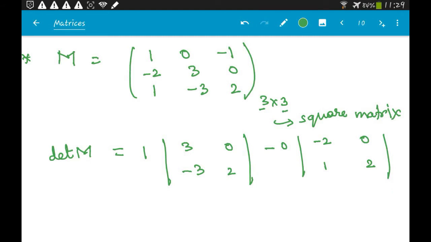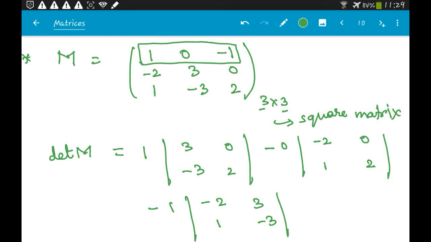We are leaving the row and the column corresponding to the element. So essentially I have chosen this row. Then we do minus 1, because it is a minus 1, so I'm just doing plus of minus 1, and then we have minus 2 3, 1 minus 3.